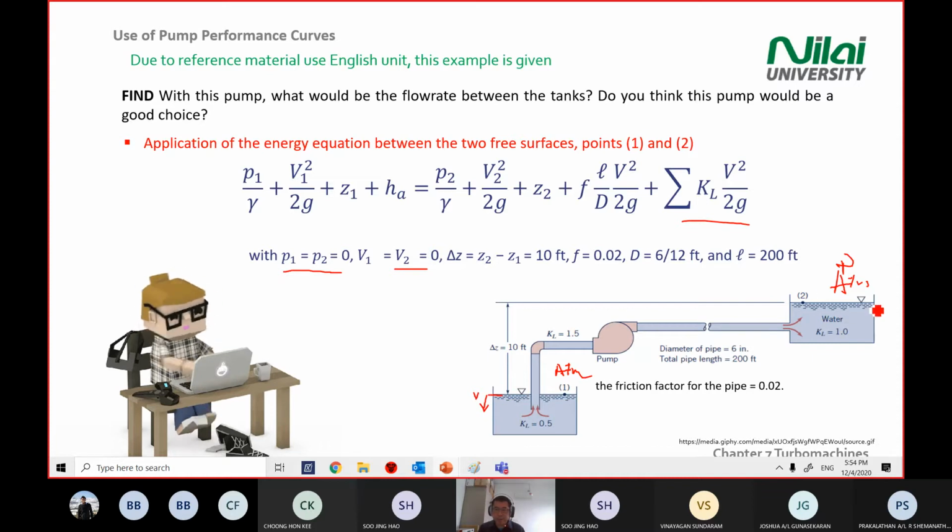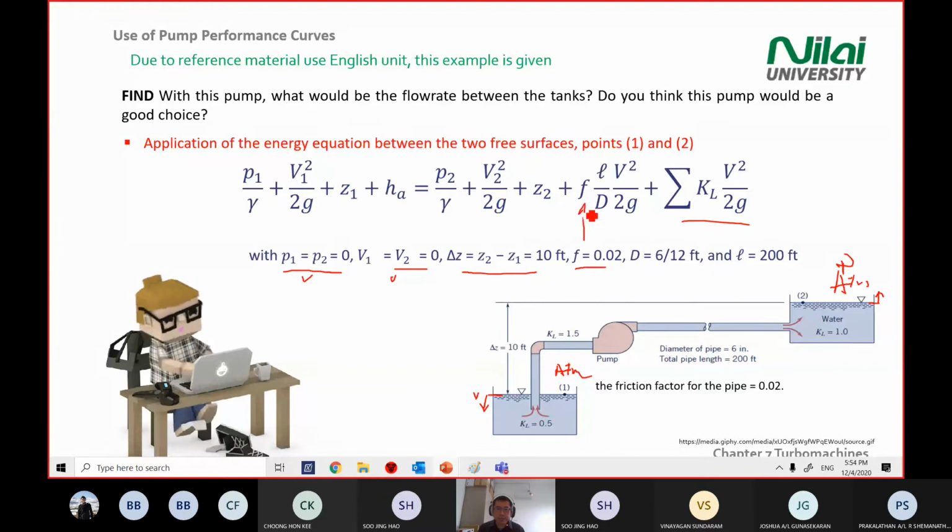Same with point 2, the rise of the water surface level is very, very small because this is a very big tank. That's why we can use pressure equal to 0, velocity equal to 0 at the two points. And there's an elevation effect here. Delta Z, Z2 minus Z1, we have 10 feet.